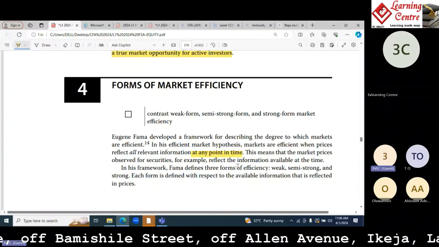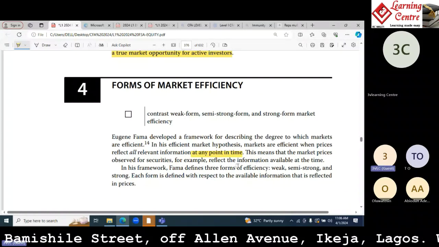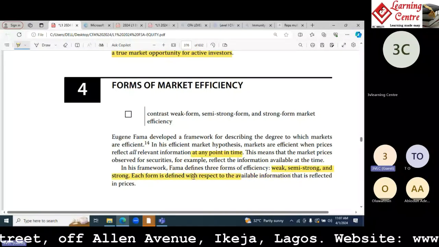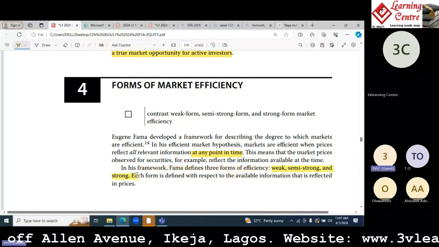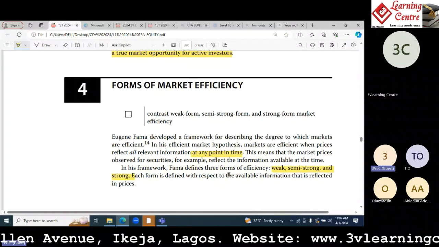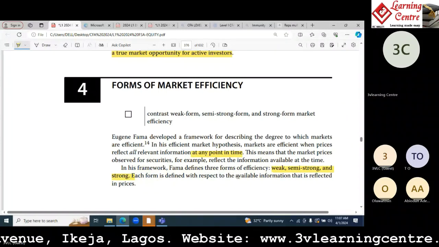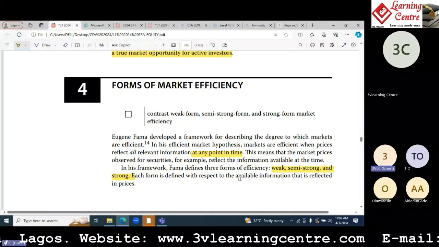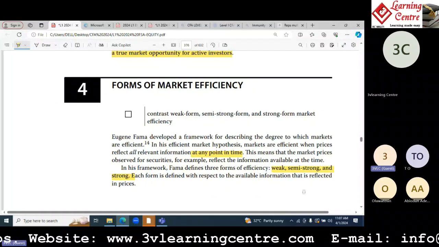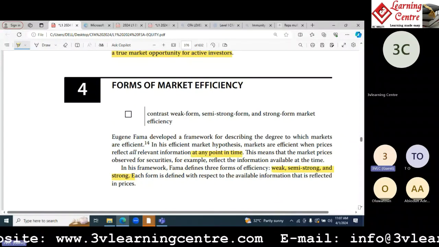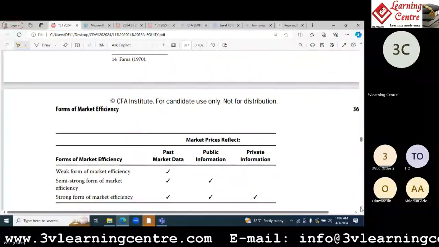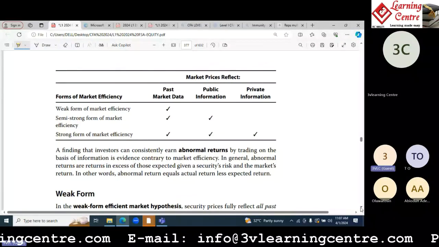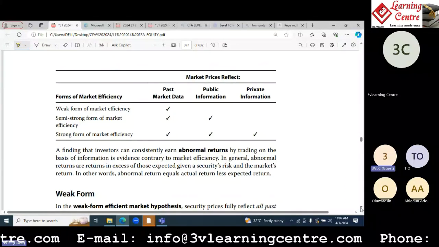Anyway, they said the three forms of efficiency are the weak form, the semi-strong form, and the strong form. Each form is defined with respect to the available information that is reflected in prices. Now, they gave us this table, and this table sort of summarizes everything, to be honest.